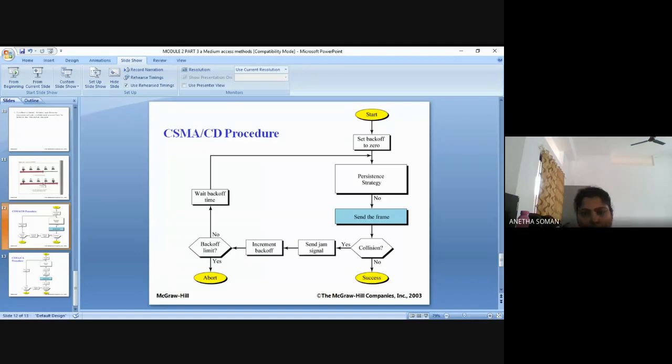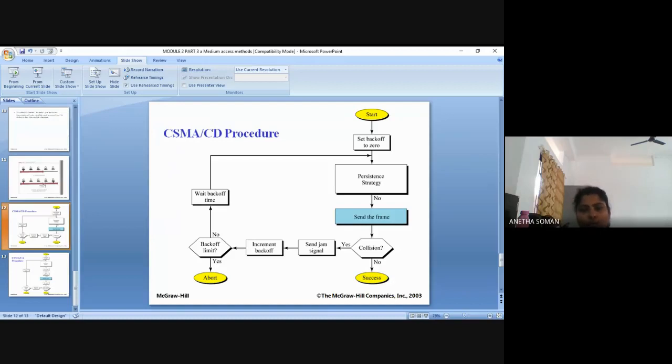After that, CSMA was developed, and then other versions of CSMA: CSMA/CD and CSMA/CA. CSMA, carrier sense multiple access, reduces the chances of collision, because the stations sense the line and only then transmit. But you cannot eliminate the collision in CSMA, because due to propagation delays, a collision may happen.